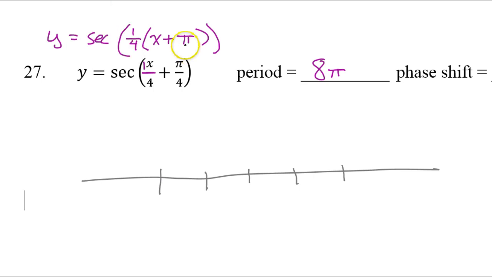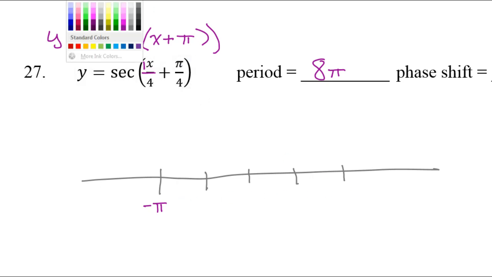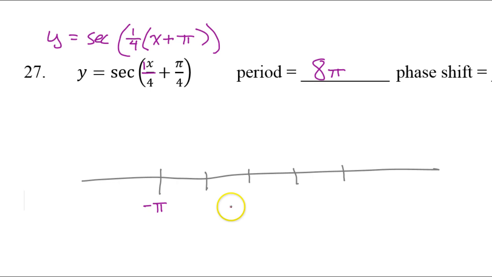So again, the phase shift is left pi, or negative pi. So that's why I'm going to put a negative pi at the very first mark. And now, going to the right, every one of these marks is 1/4 of a period higher. So I need to add a 1/4 of a period to find what the next values are going to be.